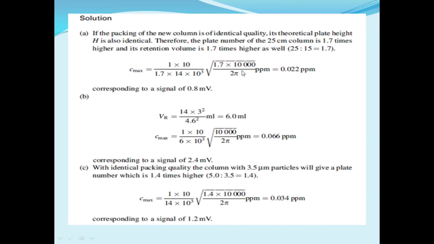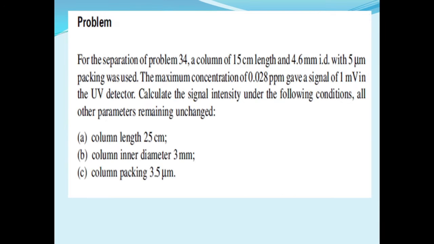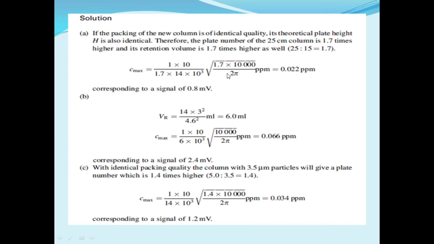This 1.7 comes from the column length 25. Therefore 1.7 into 10,000 upon 2 pi ppm is equal to 0.22 ppm for the first case A, corresponding to a signal of 0.8 millivolt.